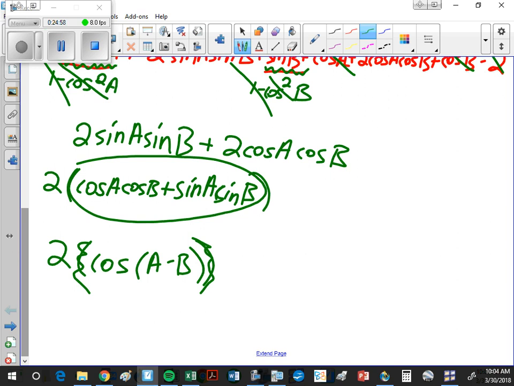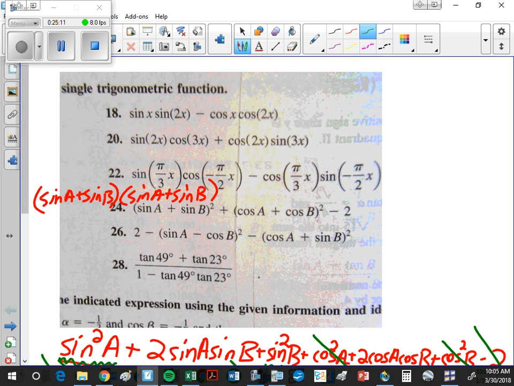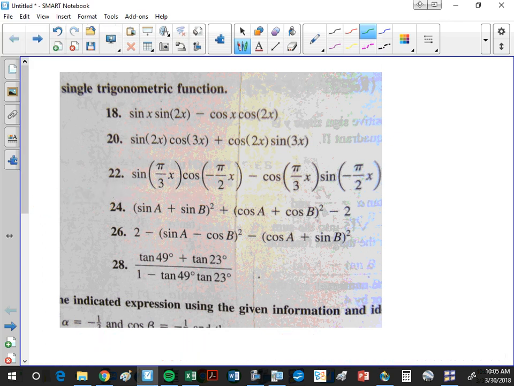All right. Do you want to see 26? So 26 is the same, but you're okay with 26?